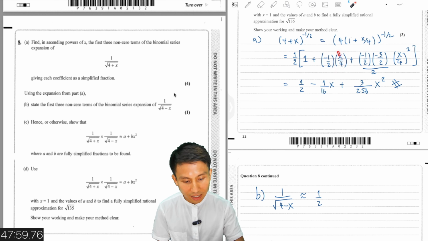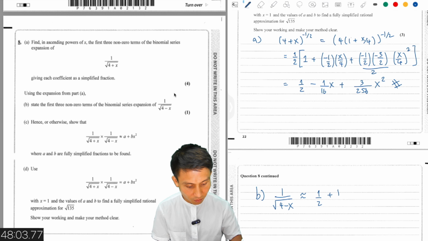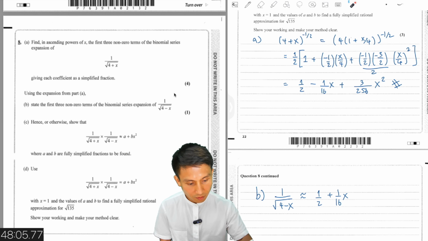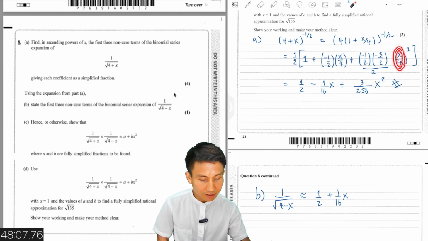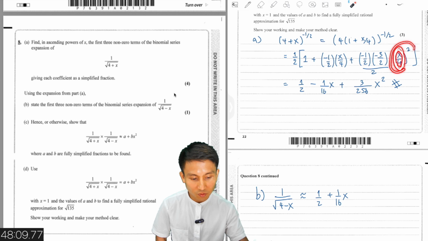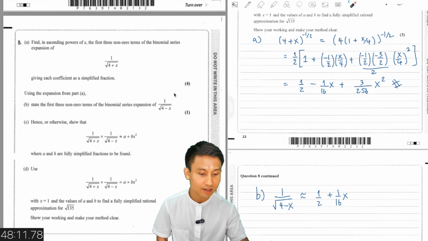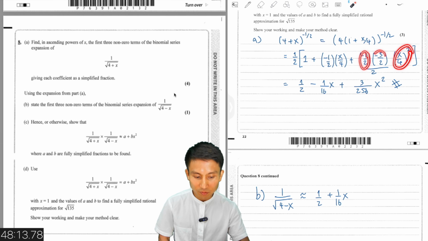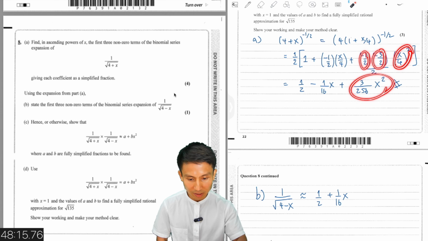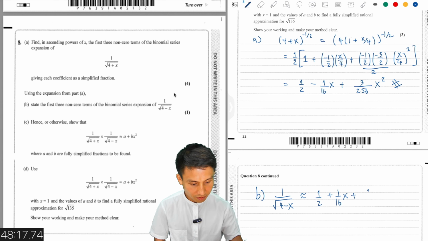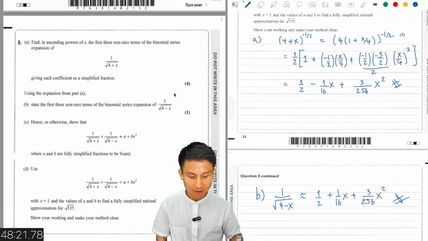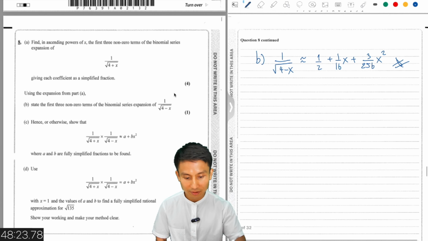So a negative times a negative will be a positive. So that should be a positive 1 over 16x. What about this one? Well, doesn't matter. This one, negative squared, you get positive anyway. But this one will be the same, which is positive 3 over 256x squared. That's just the answer to part B there.